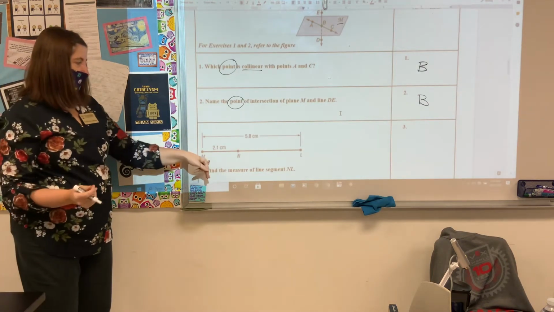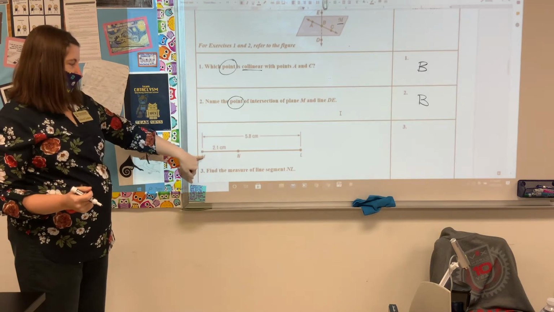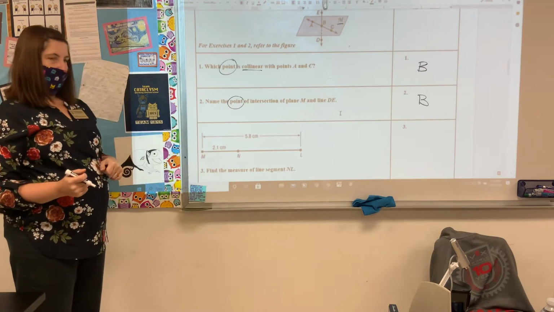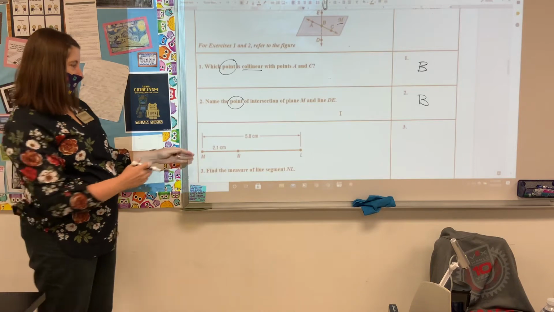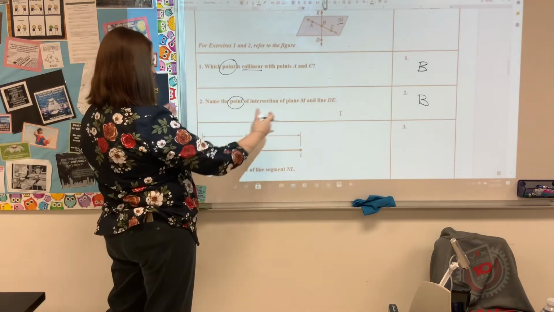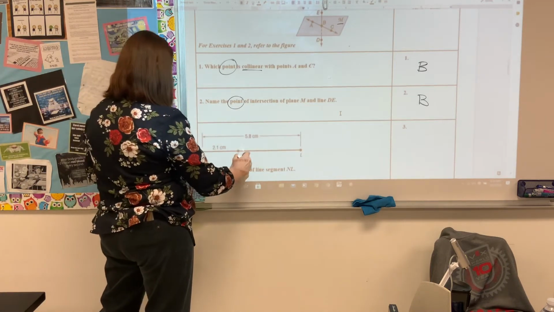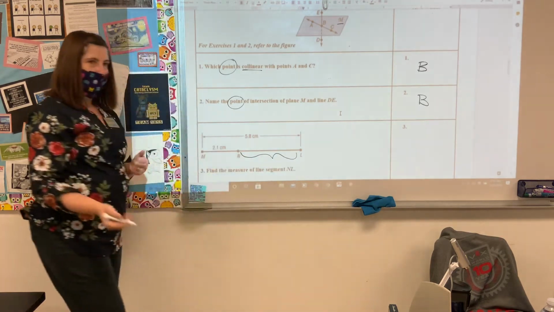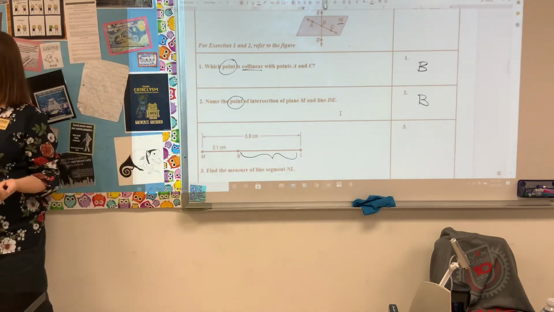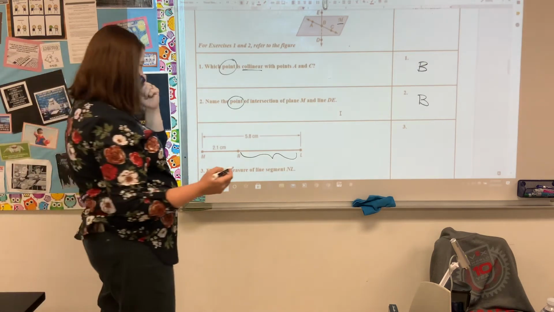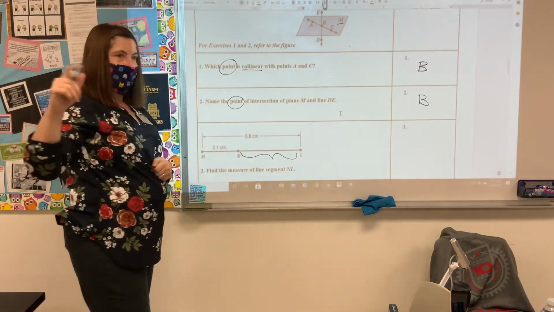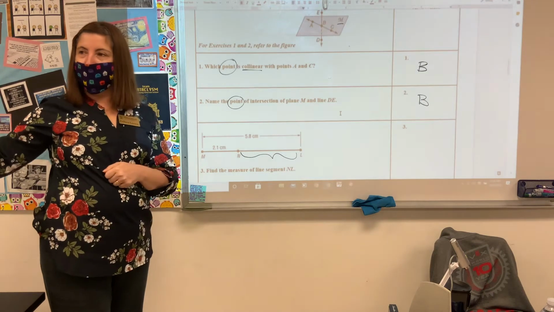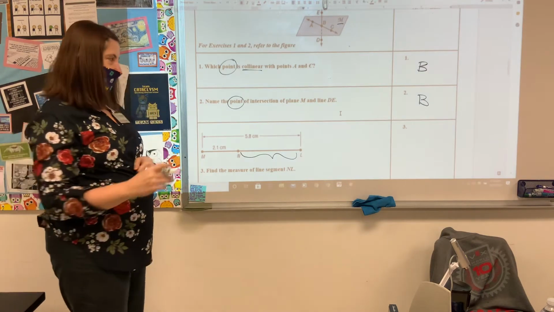Okay, so I have MN equaling 2.1. I have NL equaling 5.8. And I'm asked, hey, what is this section right here? How can I find that? Subtract 21.